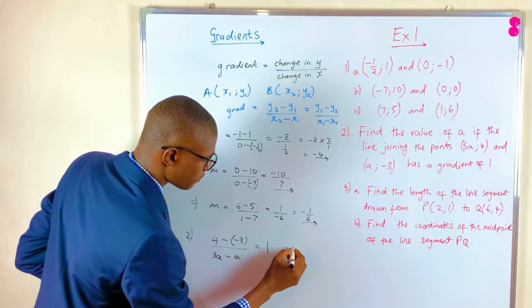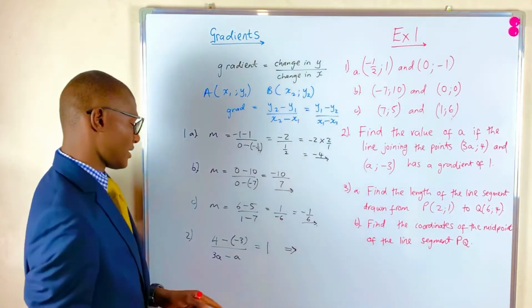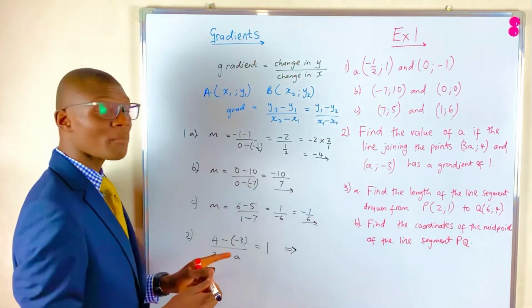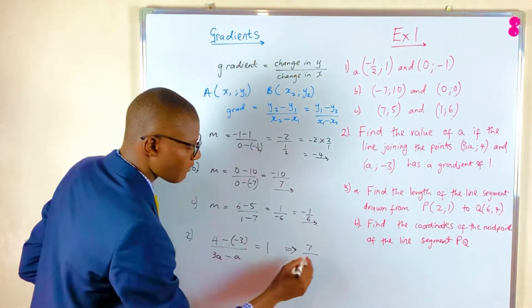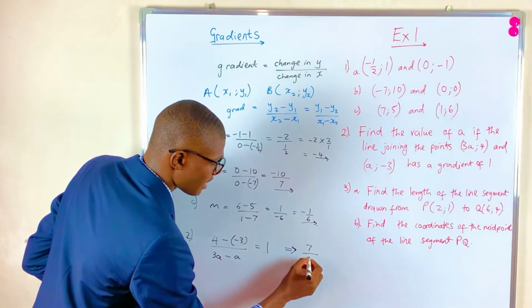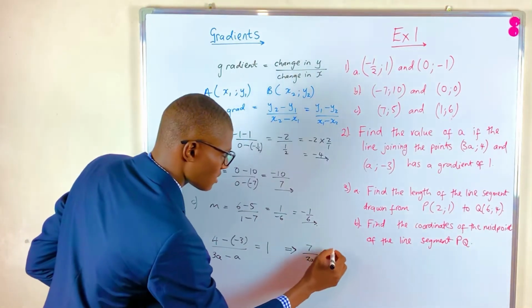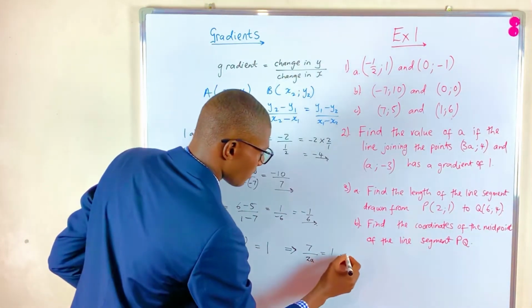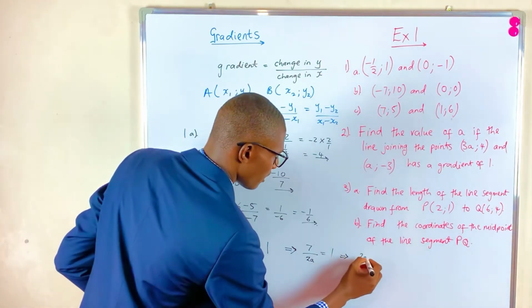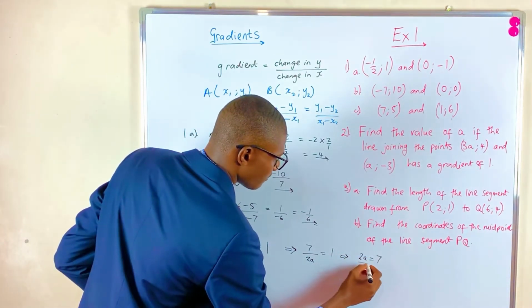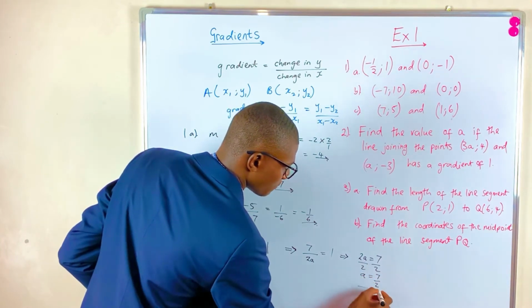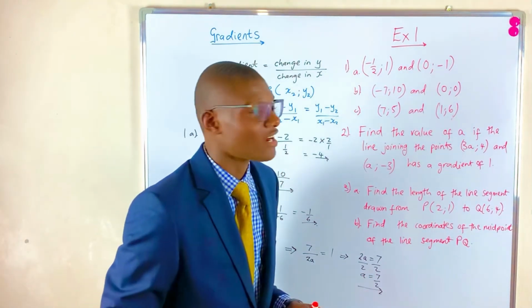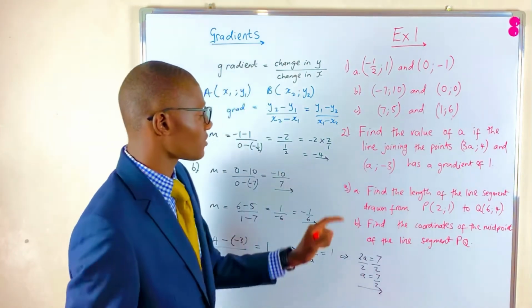Then we proceed: 4 minus 3 is 1, over 3a minus a, that's 2a. So this is equal to 1, which implies that 2a is equal to 1. Dividing both sides by 2, a would be equal to 1 over 2, which you can write as 0.5 as well. So this was for number 2.